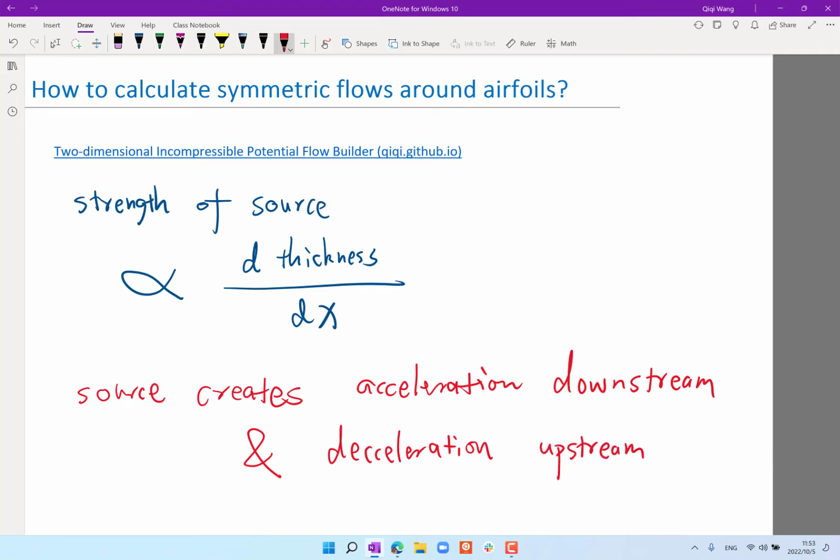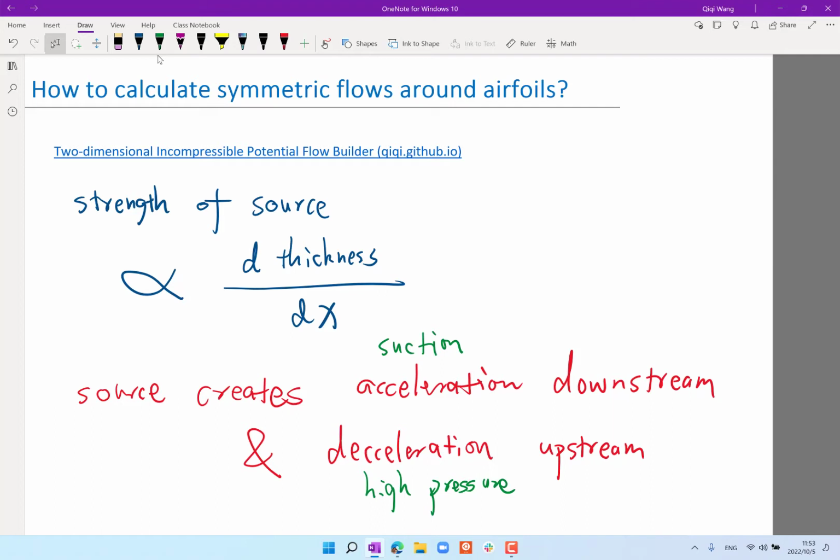Okay, and again, acceleration means suction, deceleration means high pressure, right? That's basically Bernoulli's. We are in the fantastic world of incompressible potential flows. All right.